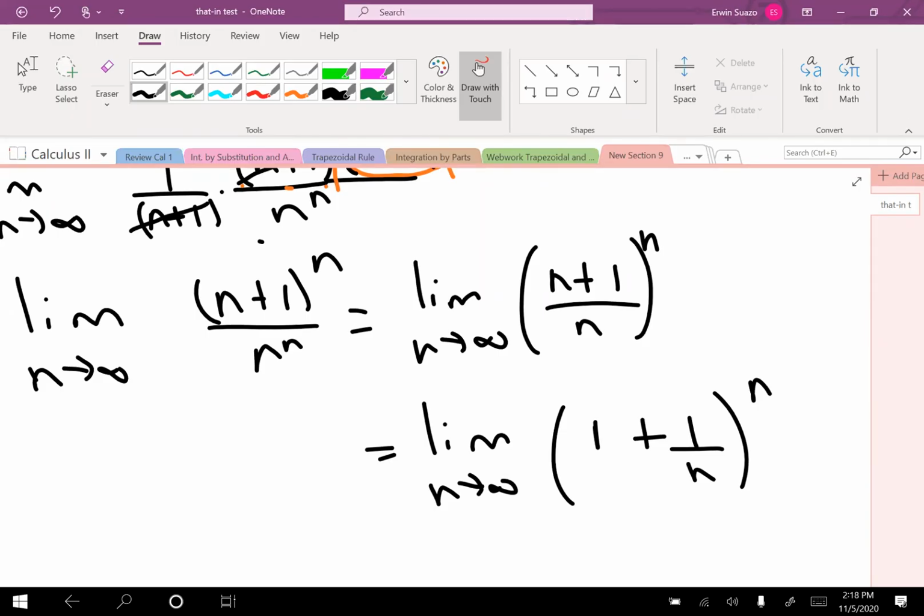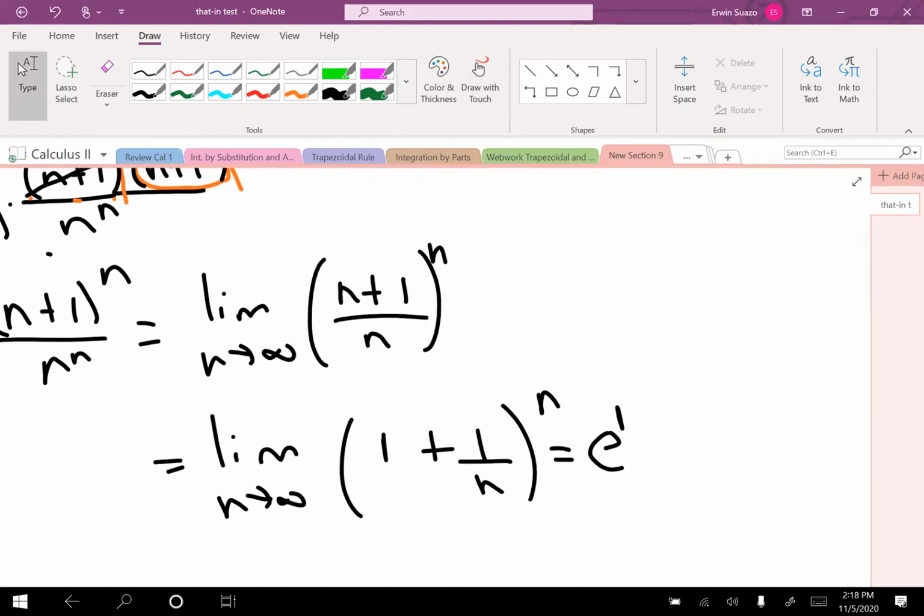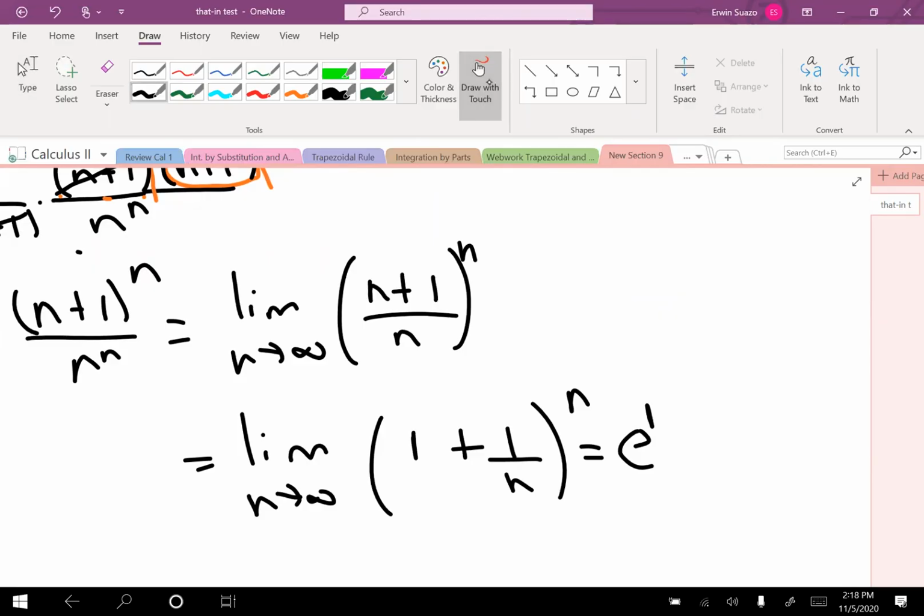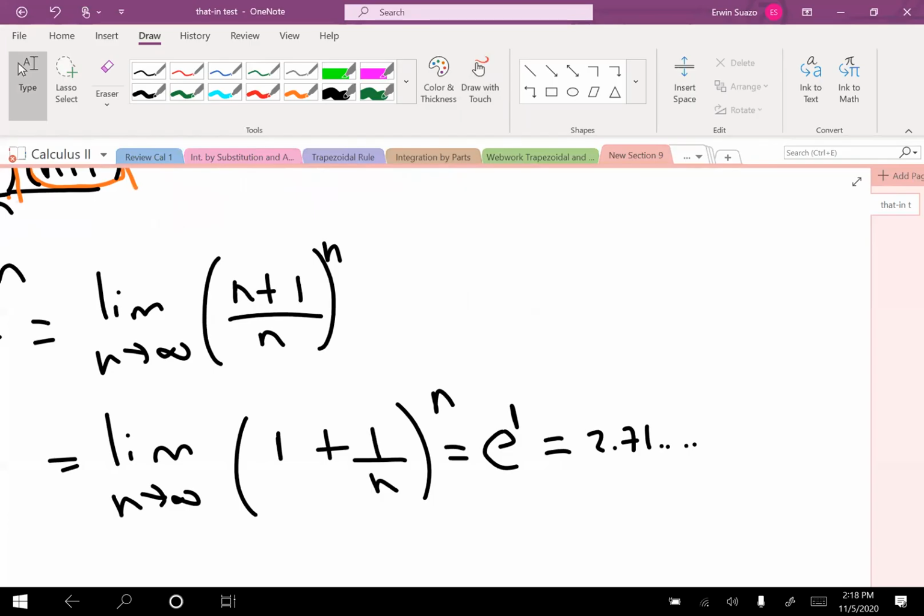Nobody remembers? So this limit is e to the 1, that means the normal exponential number, 2.71, etc. So is this limit less than 1 or bigger than 1? Bigger than 1.